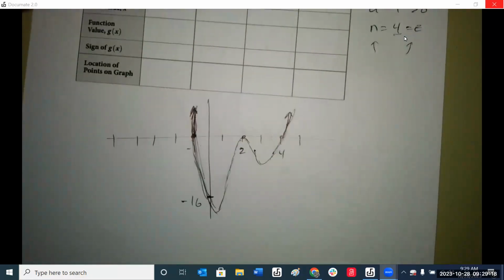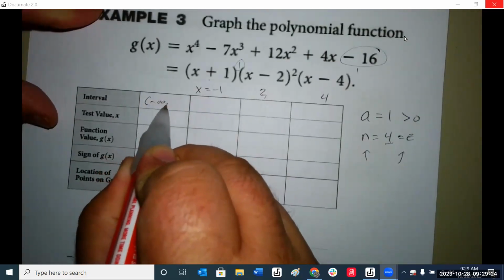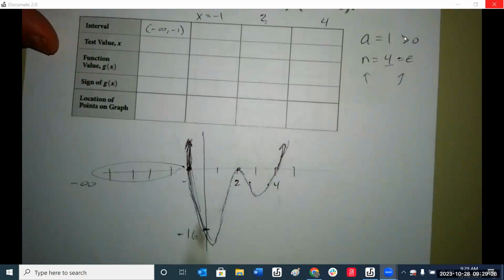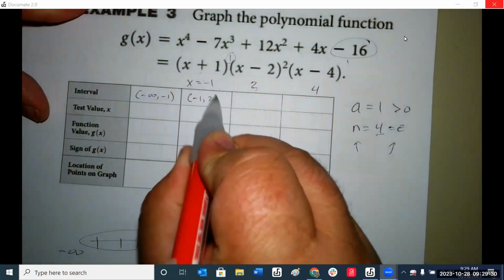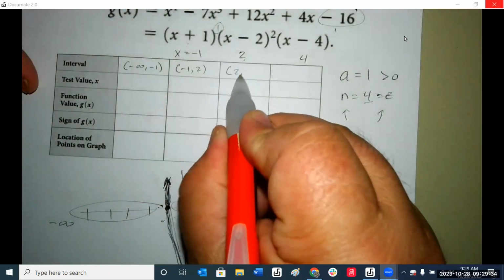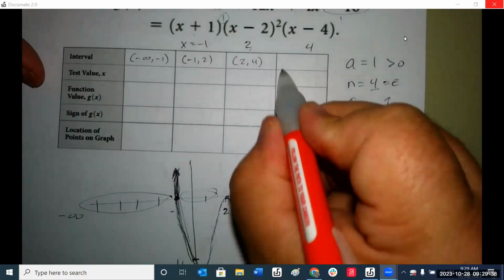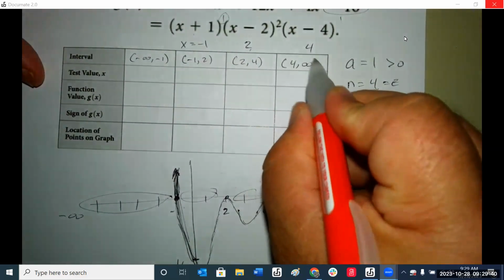So yeah, what we would look at here is from -infinity to -1, from -1 to 2, from 2 to 4, and then from 4 to infinity.